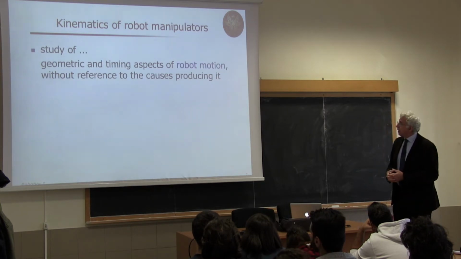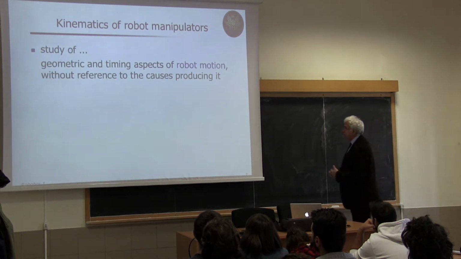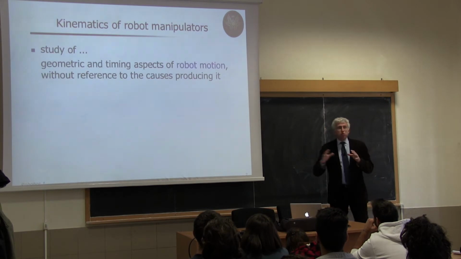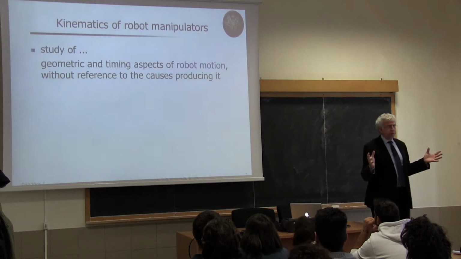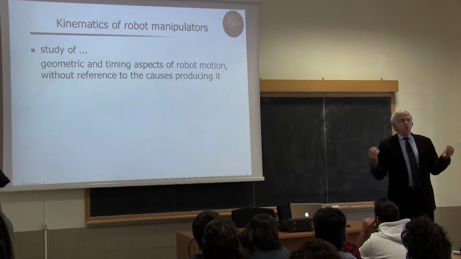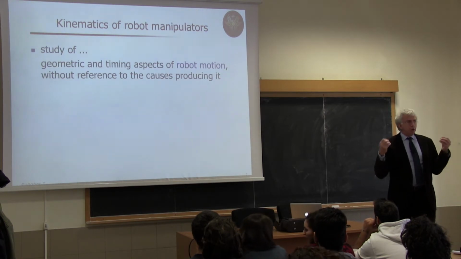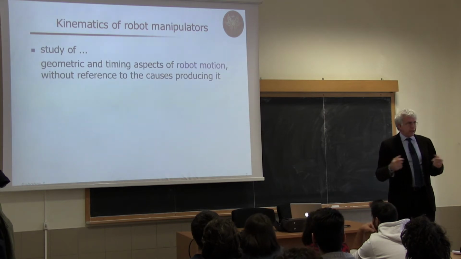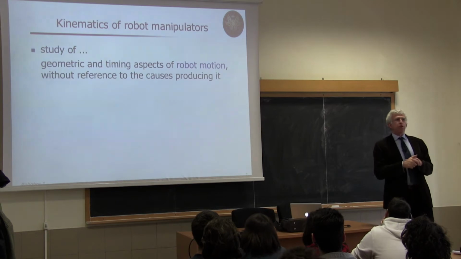Okay? The point here is no matter if it's still or moving, we just want to describe this motion, both in its geometric and timing components, without looking at the causes that will produce this motion. Okay? So it's kind of an analysis of what's going on.